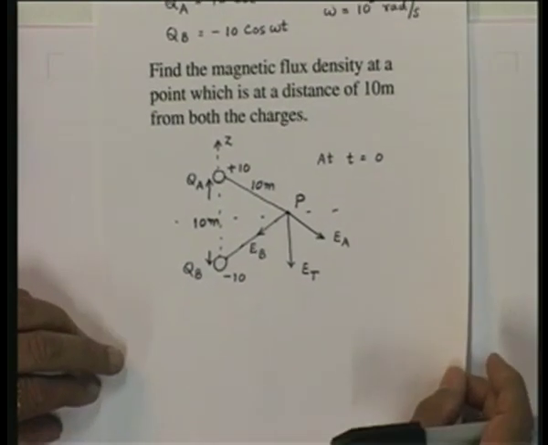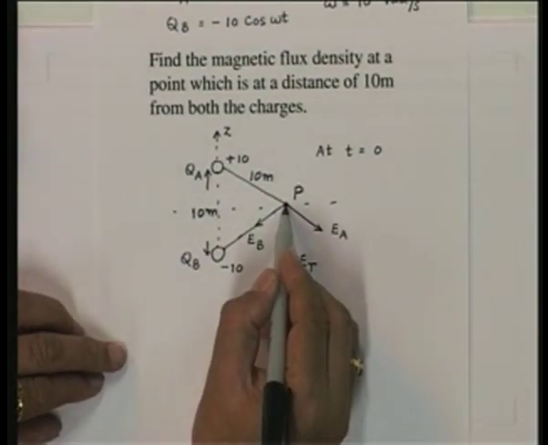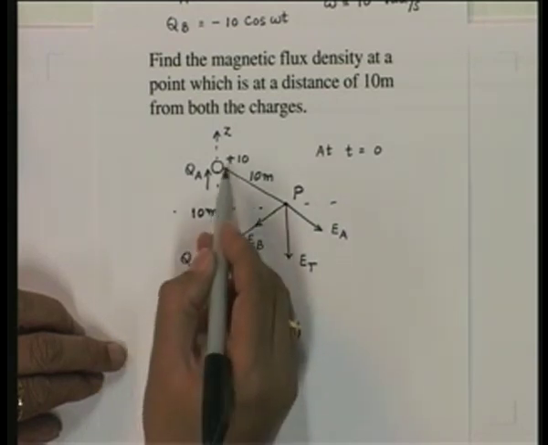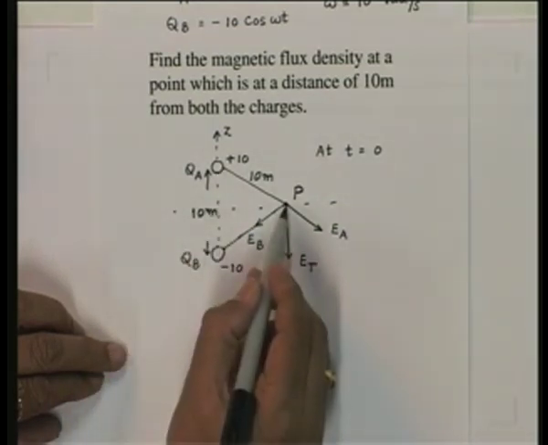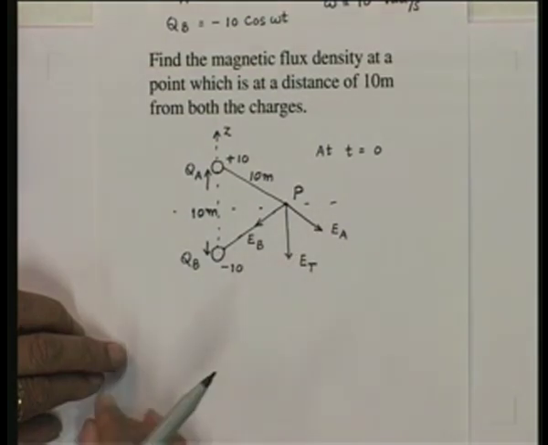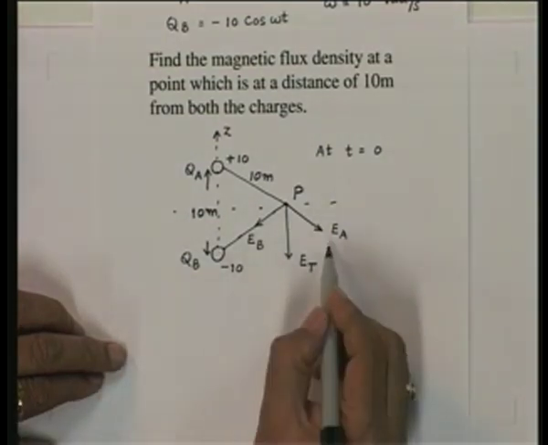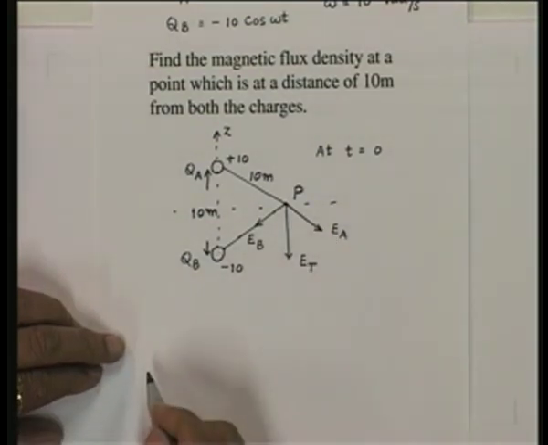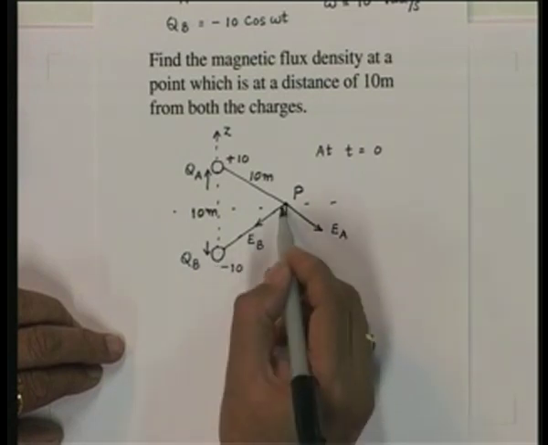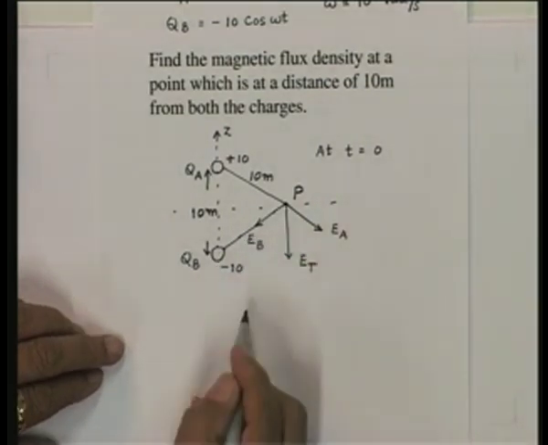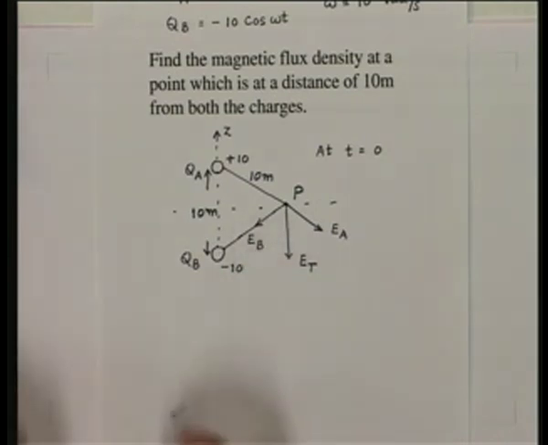So, at this instant, if you find the electric field at this point P, since this charge is positive, there will be an electric field oriented in this direction, and let us say that electric field is EA. Due to this negative charge, the electric field will be oriented in this direction. Let us say that is given by EB.